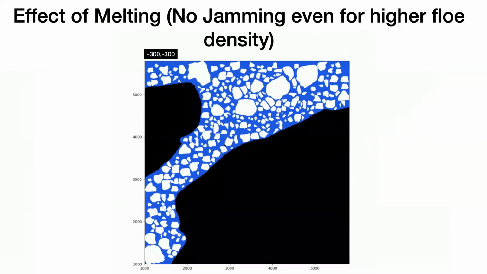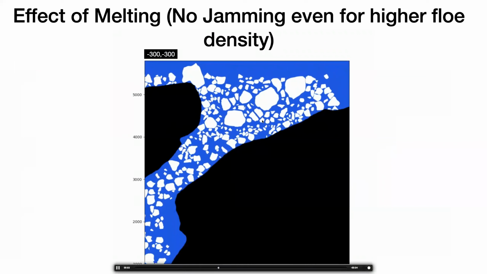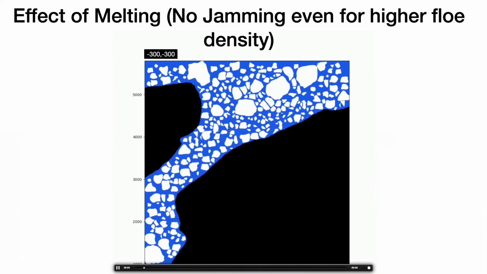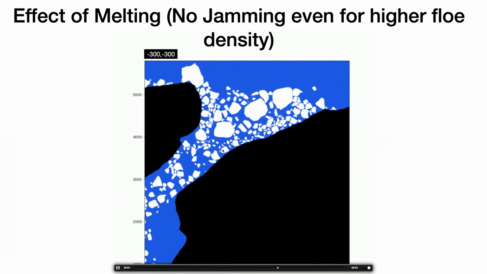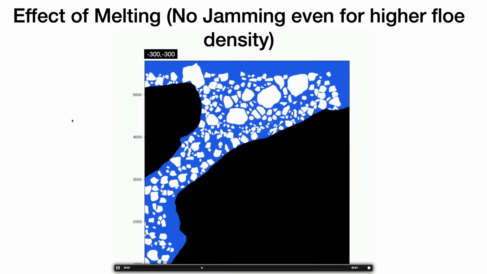Furthermore, you can see in the prior slide that we have many fewer floes. But here, even if we increase the floe density, if you apply melting, it is even easier for floes to traverse the strait.